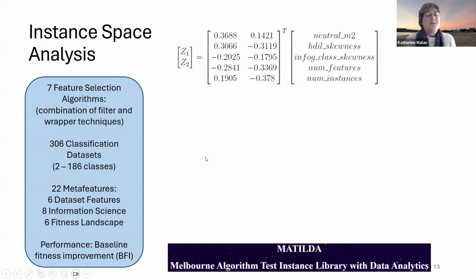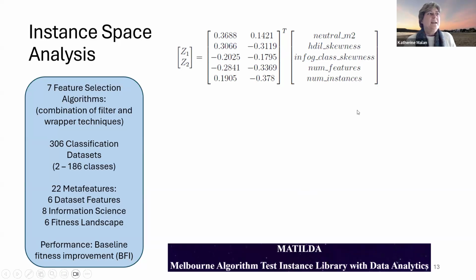So if any of you have used Matilda, you'll know that there's a very involved and clever process of dimension reduction. So the idea is you give it a metadata base, which includes the features of your problem instances and your, oh goodness, I'm going to have to speed up here. Okay, so it does this dimension reduction using the performance of the algorithms and the features of the problem instances.